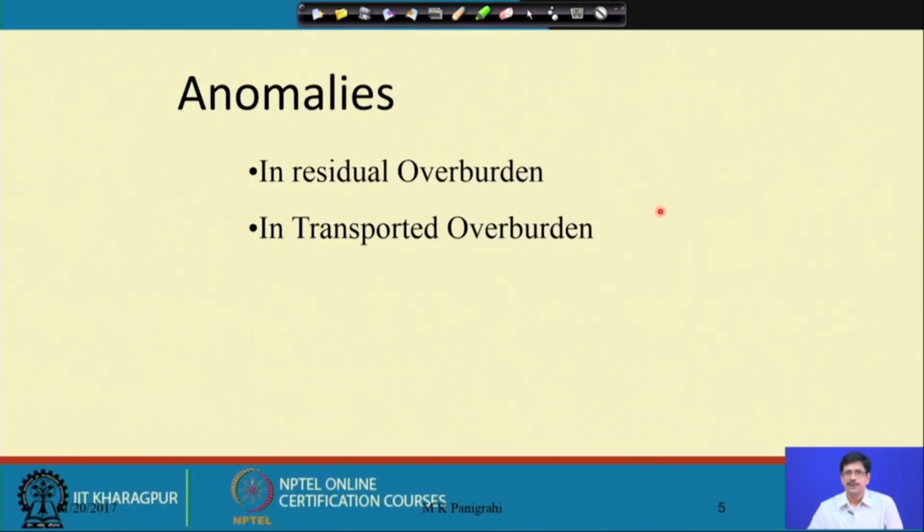Whenever we talk about a geochemical prospecting program, geochemical by using analytical technique, what remains is the most fundamental aspect, which is the sampling.